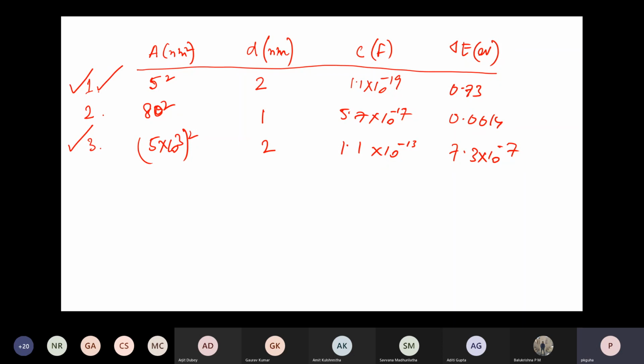In other words, you can make a device where you can control the movement of even a single electron.